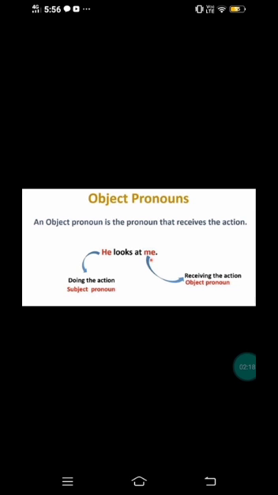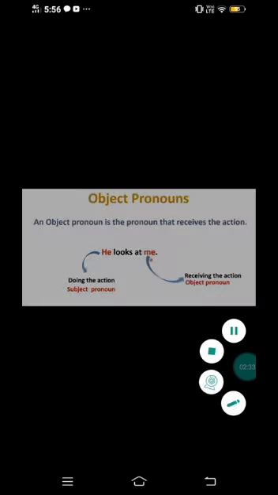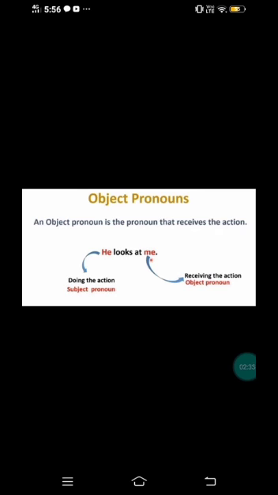As I told you, subject pronoun comes before the verb. In this sentence, the verb is looks, right? So, he came before the verb. To identify easily, you can check in this way. Object pronoun comes after the verb or else after the preposition. Understood, children?